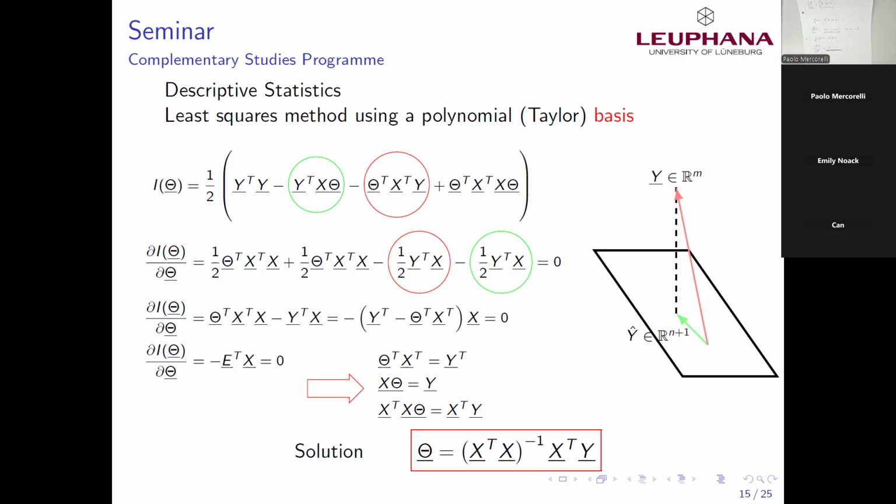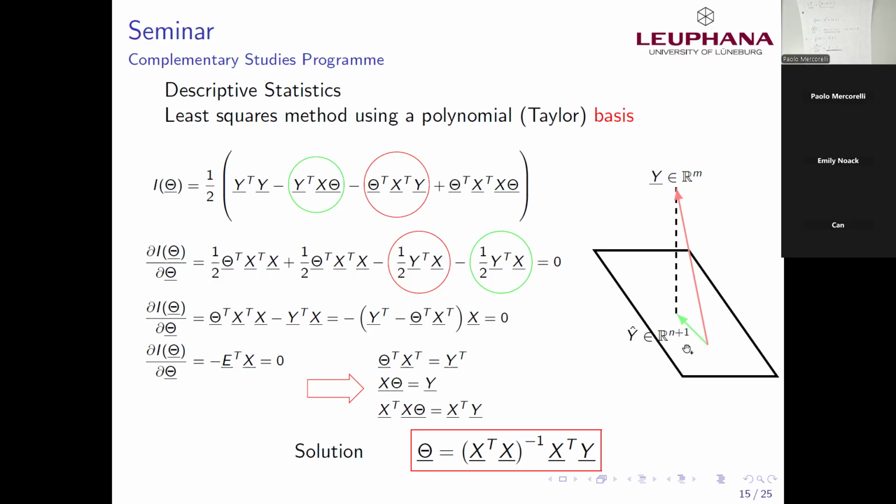Projection and approximation. I approximate basically this red vector with the green one, but the green one is defined in a subspace, as is clear from what I intend, in a space with dimension n plus 1, which is less than m. n plus 1 is the number of coefficients.